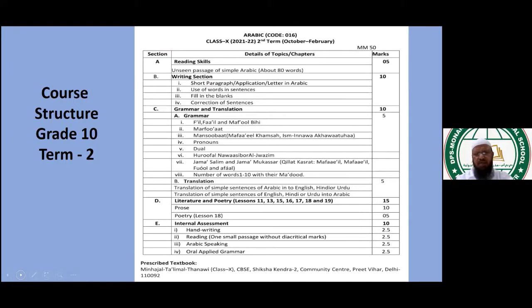Section C, grammar and transition, 10 marks. Section D, 15 marks. And section E, internal assessment, 10 marks. As we discussed about first term. But second term, it will be objective types. Next slide.